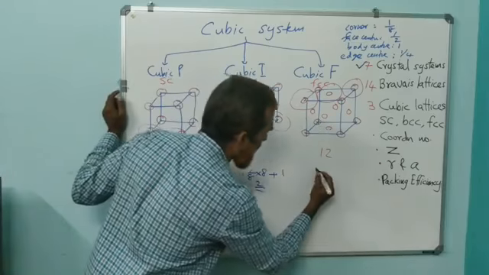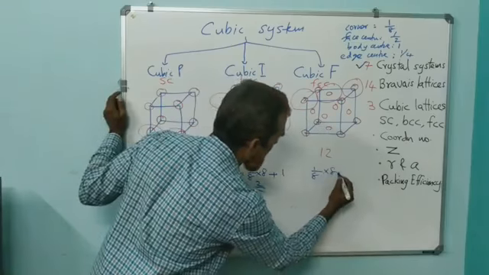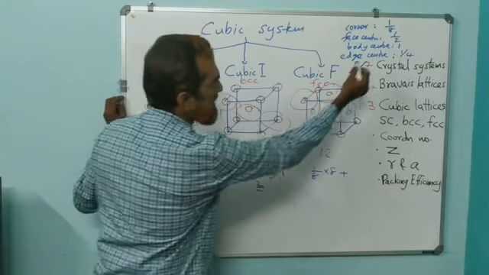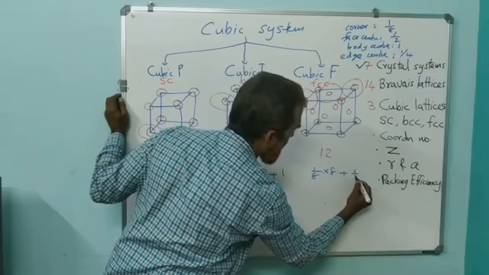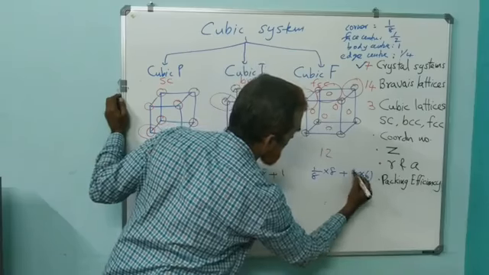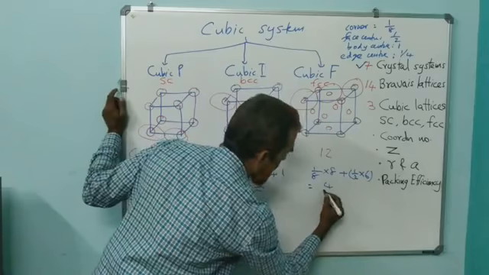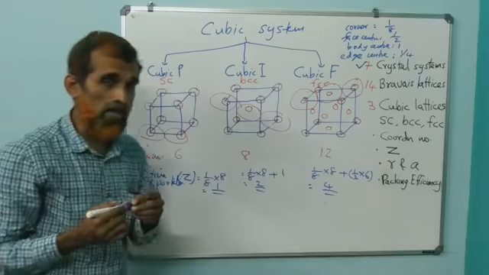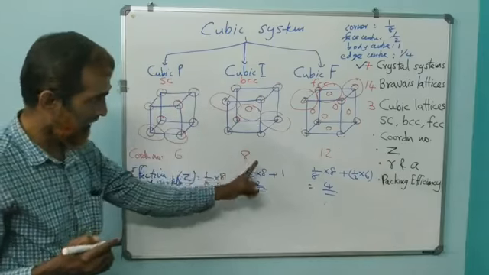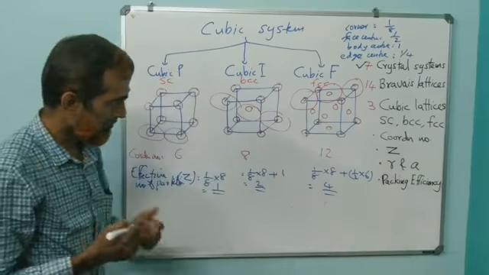In face centered, 1 by 8 into 8 plus the face center contribution of half into 6 faces. So what is the total? 1 plus 3, that is 4. This is an important point: the effective number of particles in the different types of cubic lattices.